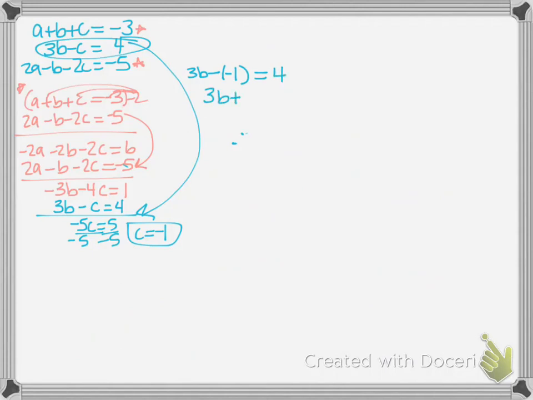So 3b plus 1 is equal to 4. Subtract 1. 3b is equal to 3. Divide by 3. So I got b is equal to 1.